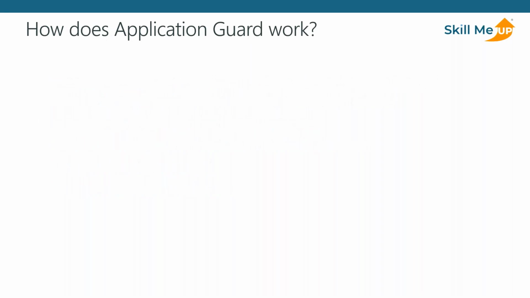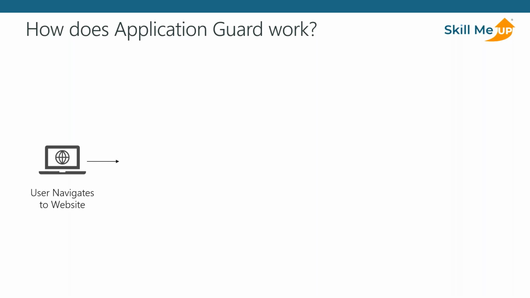So how does Application Guard work? Well, as an enterprise administrator, you'll define what is listed as trusted websites, cloud resources, and internal networks. Everything not on your list is then considered untrusted.